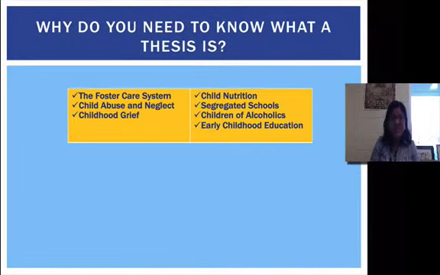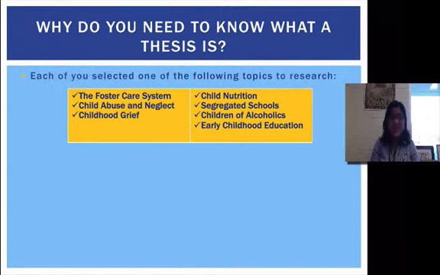So why do you need to know what a thesis is? Well, you've all chosen one of these 7 topics for your research: the foster care system, child abuse and neglect, childhood grief, child nutrition, segregated schools, children of alcoholics, or early childhood education.